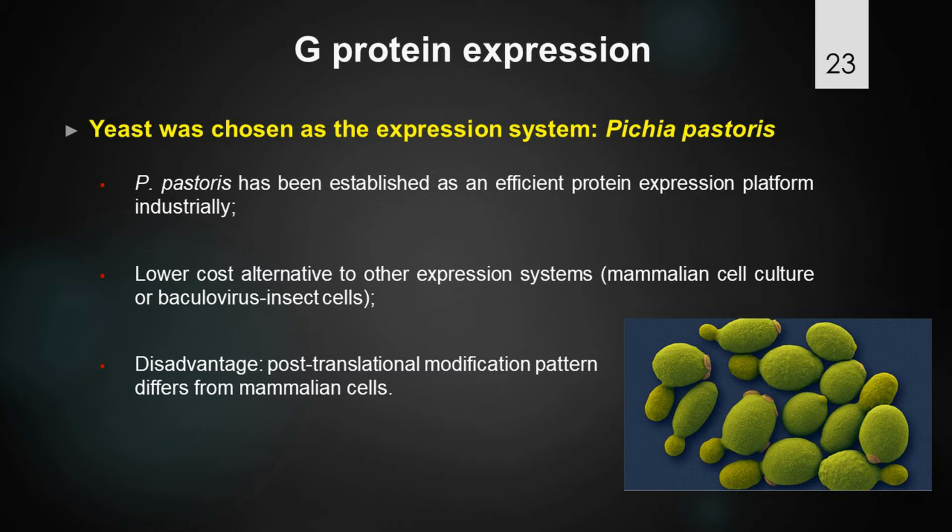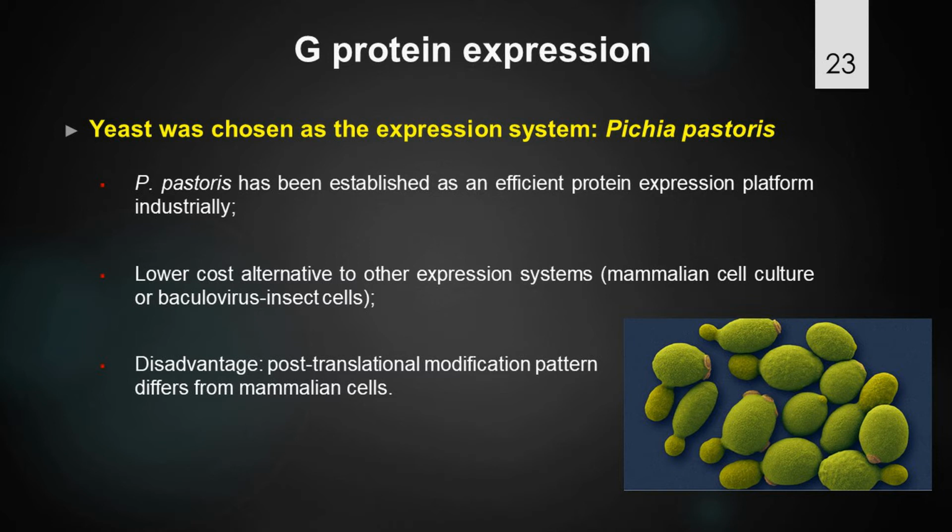Pichia pastoris is a kind of yeast that has been largely used as an efficient protein expression platform, and it has also been used for VLP production. It's a safe platform for protein and VLP expression, and cheaper than mammalian or insect cell culture. So that's why we have chosen it.